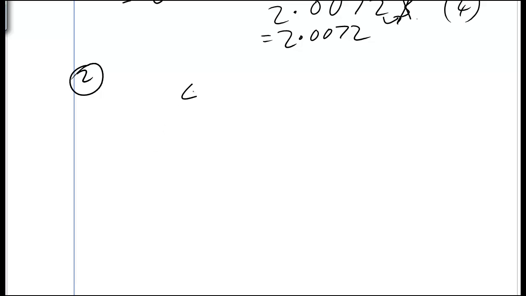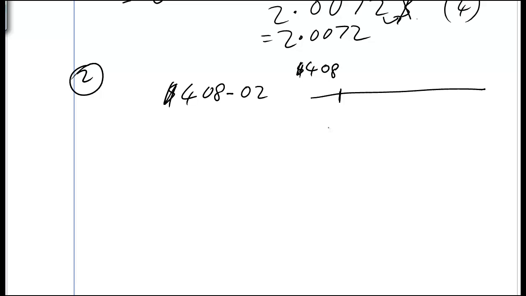So, say we've got like $408 and 2 cents. Now, you can either round this number. What's closest? So let's do a little number line here. You've got $408 exactly at that point there, and this point up here is $408.05.